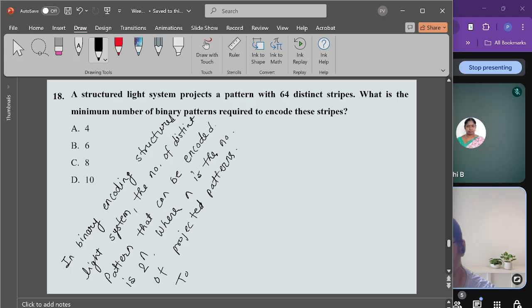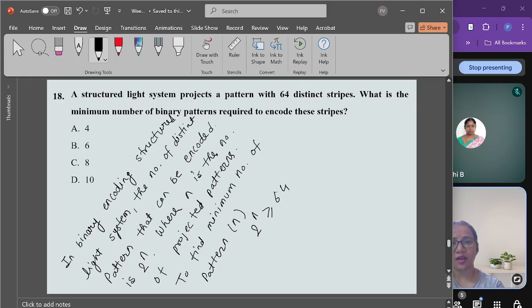So to find minimum number of patterns, that is n, 2 to the power n must be greater than or equal to 64. Here, because it is given a structured light system projects a pattern with 64 distinct patterns. So 2 to the power n is greater than or equal to 64, and we can represent 64 as 2 to the power 6 itself, right? 2 to the power 6 is equal to 64, right?